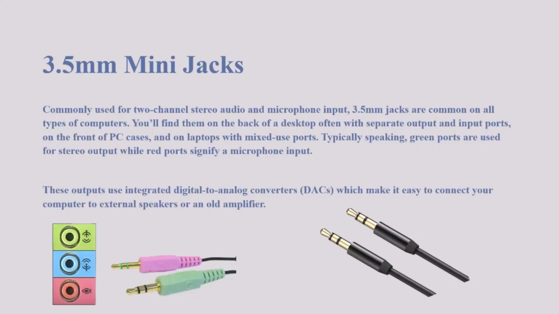You'll find them on the back of a desktop, often with separate output and input ports, on the front of PC cases, and on laptops with mixed-use ports. Typically speaking, green ports are used for stereo output, while red ports signify a microphone input. These outputs are integrated digital to analog converters, or DACs, which make it easy to connect your computer to an external speaker or an old amplifier.